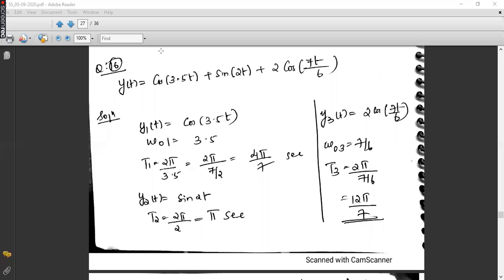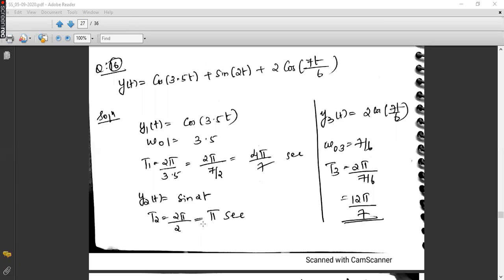What is y2 of t? Sine 2t, sir. Yes. From that, how are we going to calculate omega? What is omega for sine 2t? Omega will be 2, sir. Yes, very good. So the coefficient of t is 2. So naturally, omega is 2. So 2 pi by 2 is pi. So this is the time period for the second function.